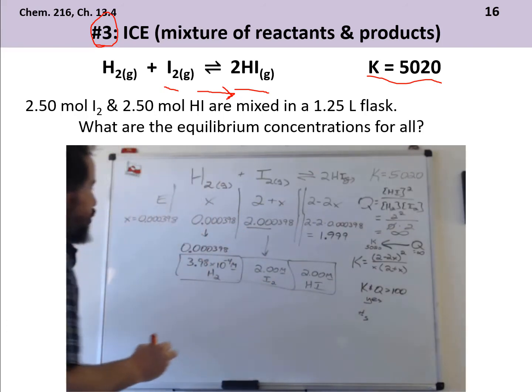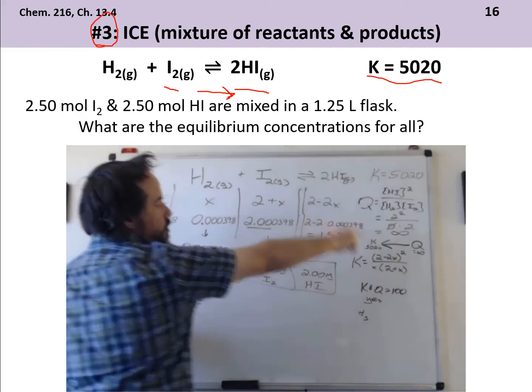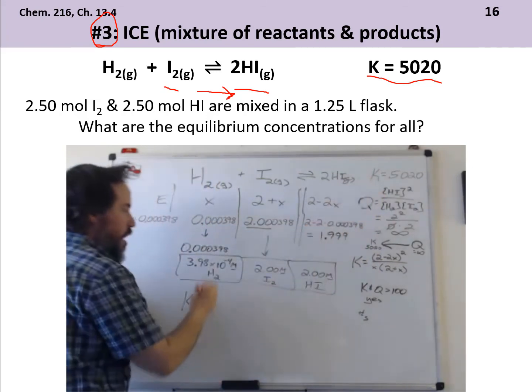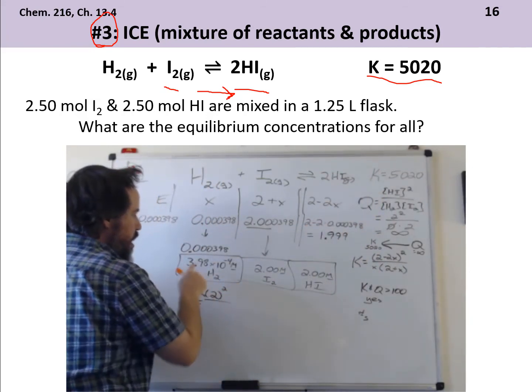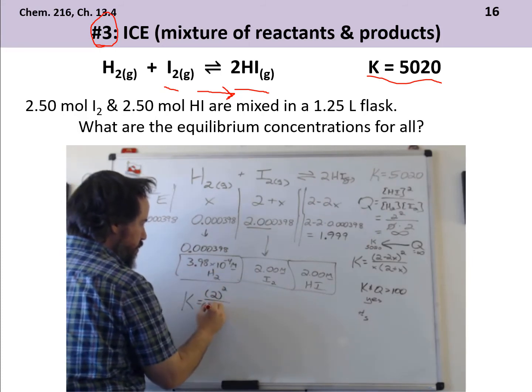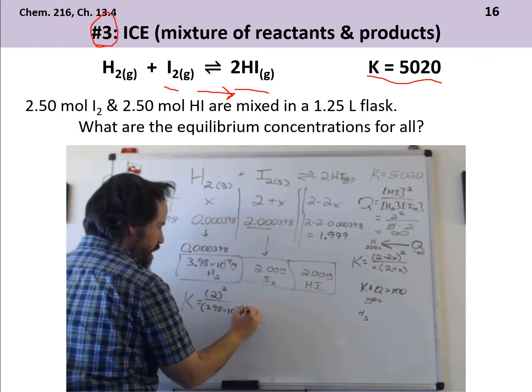Okay, all right, let's check our work. So K equals HI squared. So that's 2 squared times this value, and then times this.